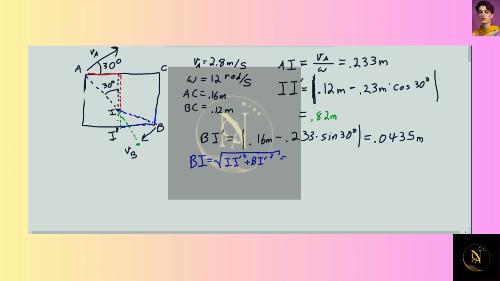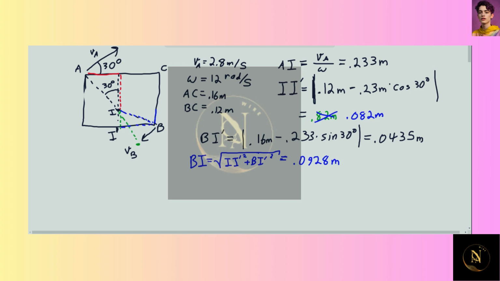Take the square root of that to find BI here. It's just the Pythagorean theorem. When we put the numbers in, we get about 0.0928 meters. And I just realized I messed up when I wrote this 0.82 meters. That should actually be 0.082 meters. So just be careful with that.